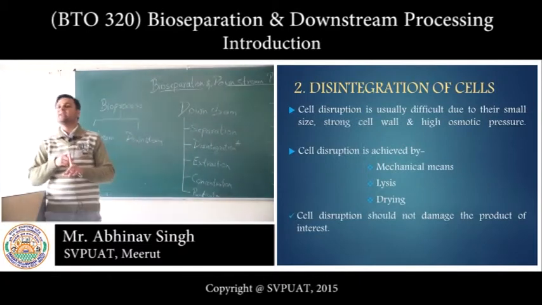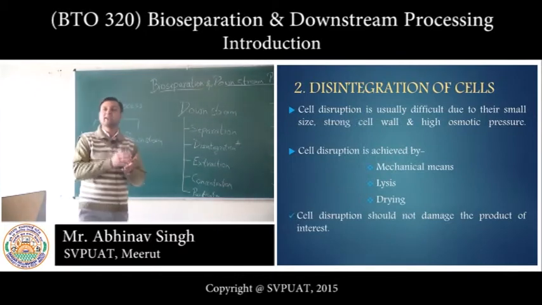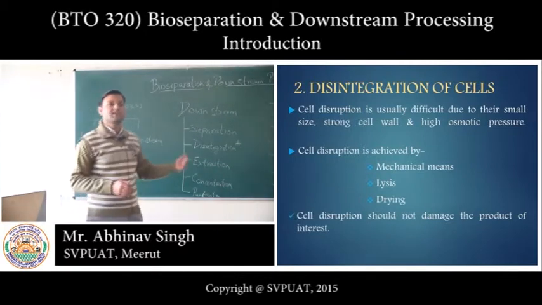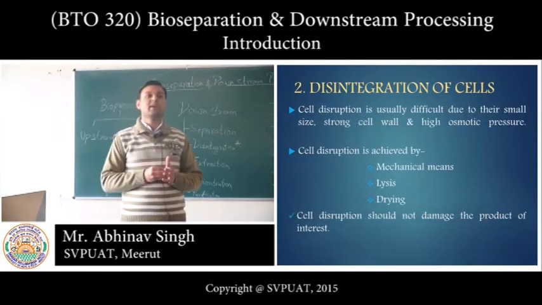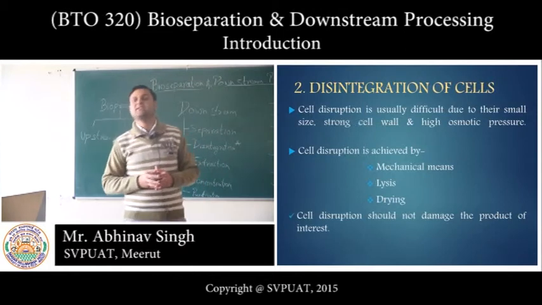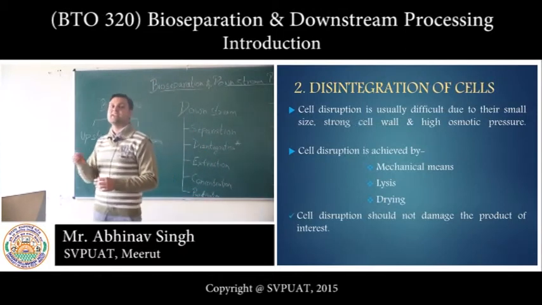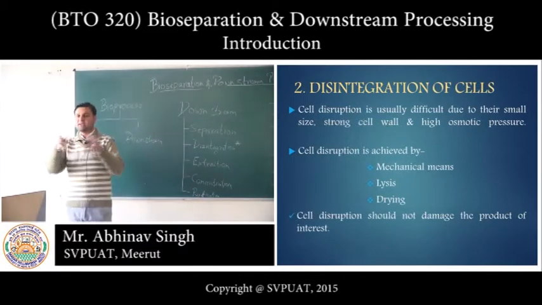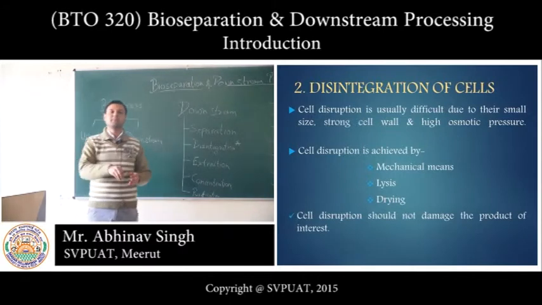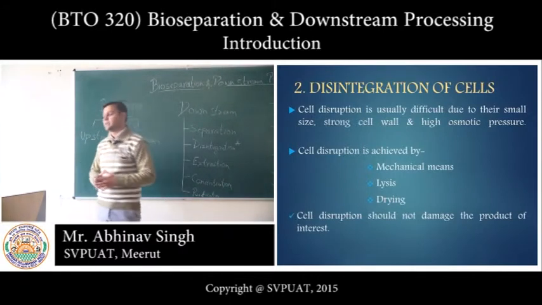These could be mechanical lysis of the cell, where we mechanically break it. Next is chemical lysis, in which we use certain chemicals capable of breaking the cells. Third is enzymatic lysis. There are very many enzymes available nowadays which are capable of breaking the covering of the cell, gaining access to that compound and liberating it outside the cell.